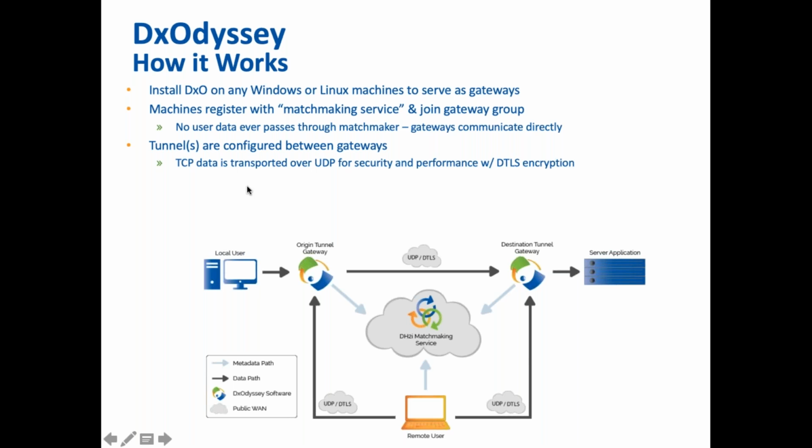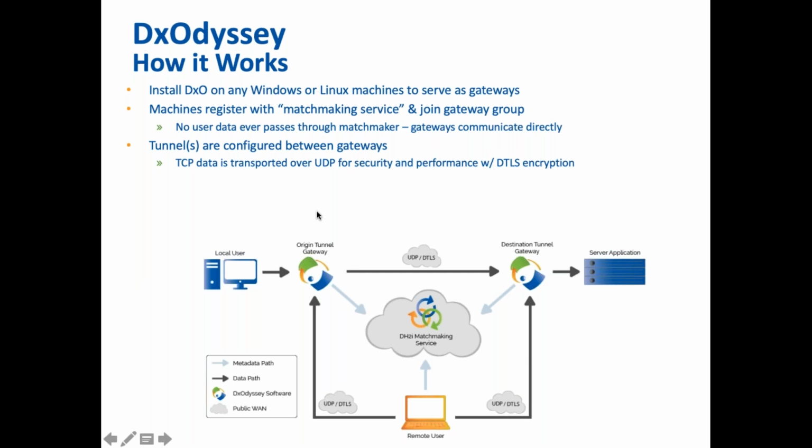Very critically here, DX Odyssey takes the TCP data and transports it over UDP for a couple of different reasons. One is that it is more highly secure because the data is segmented.